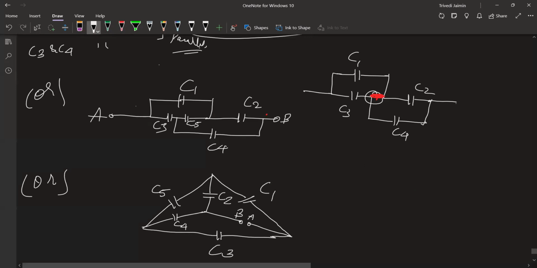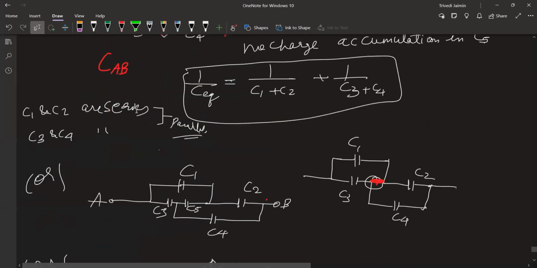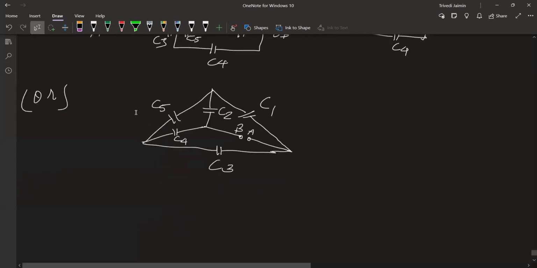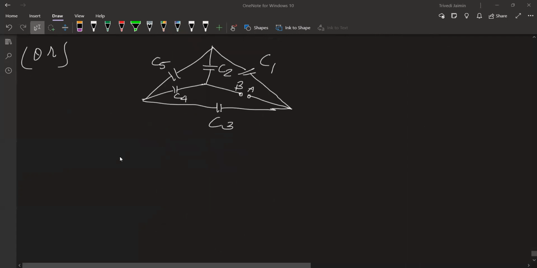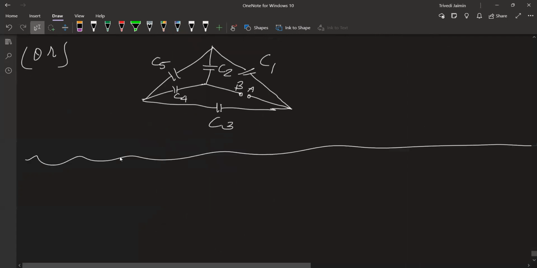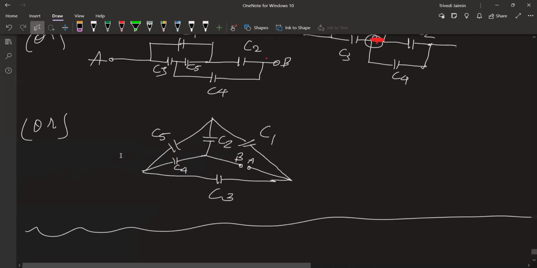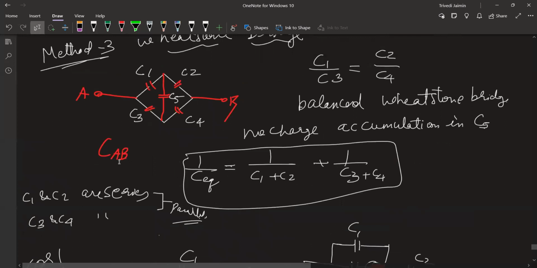Now, the last one is KVL and KCL, Kirchhoff's voltage law, and all that. That we'll study in the next chapter. But as I said, before we have studied a little bit what is KVL, Kirchhoff's voltage law: summation of voltage is equal to 0. Okay, so let's start some numericals. Have you done writing all that?